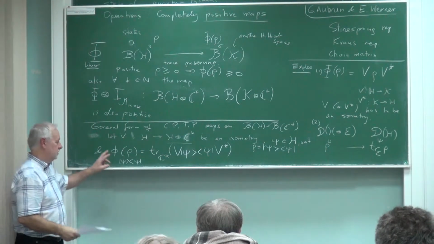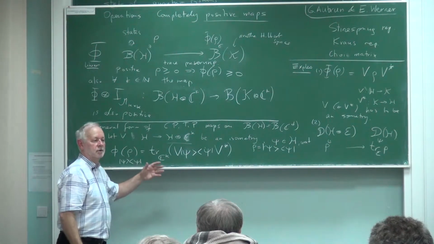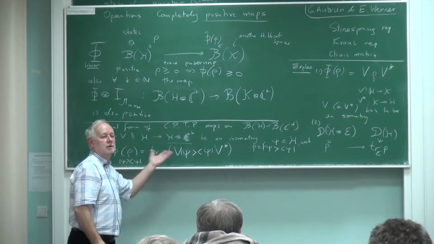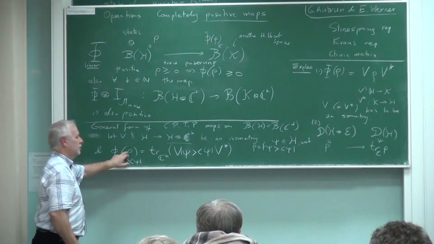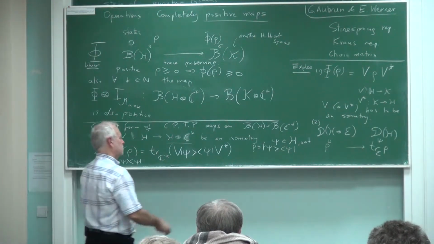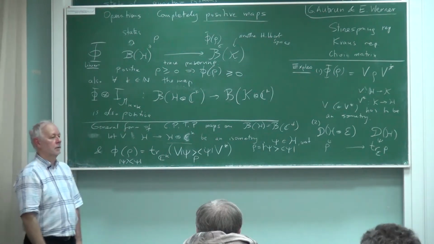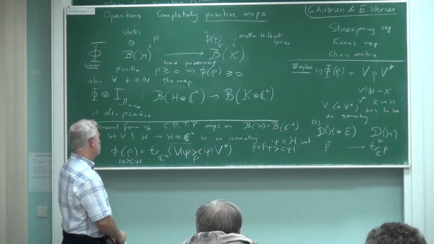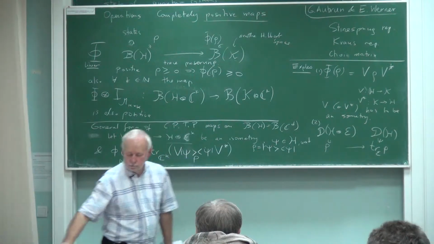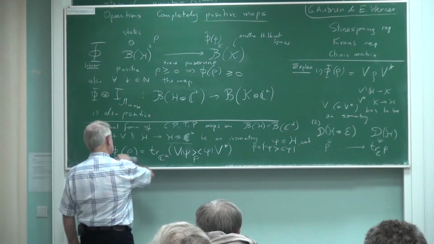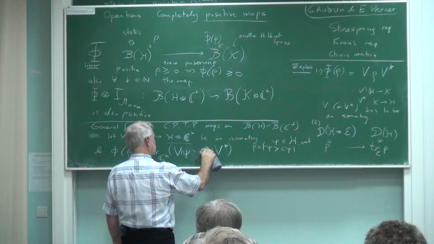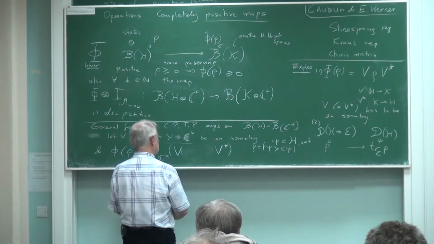Now I defined this only for rank 1 projections, but of course by linearity this extends uniquely and canonically to an arbitrary matrix. So I could just write here a general rho to begin with.